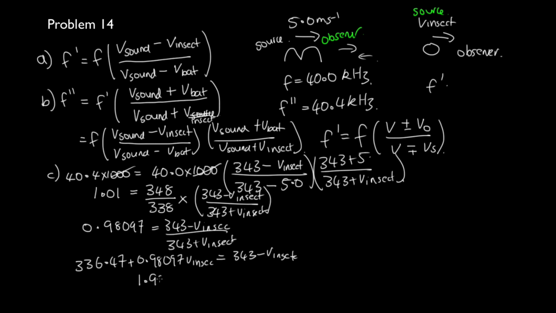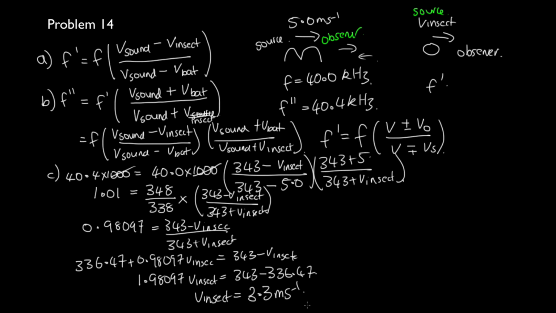We have 1.98097 times the velocity of the insect is equal to 343 minus 336.47. And then we can just divide by 1.98097 to find the velocity of the insect. So this gives the velocity of the insect as 3.3 meters per second.